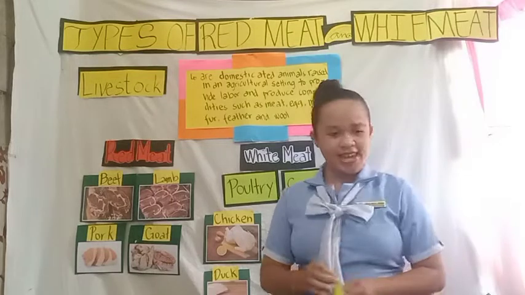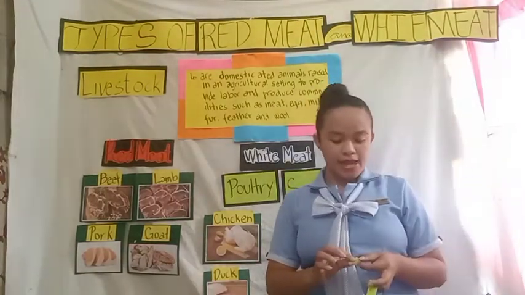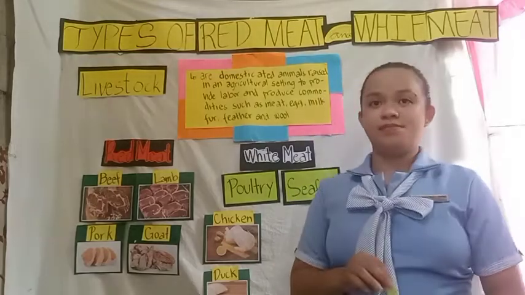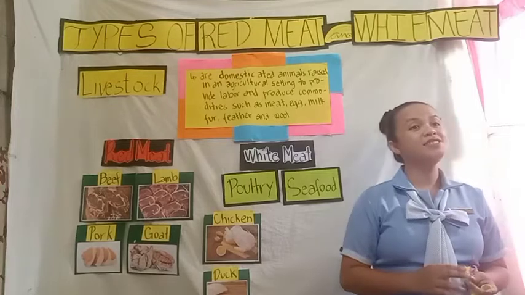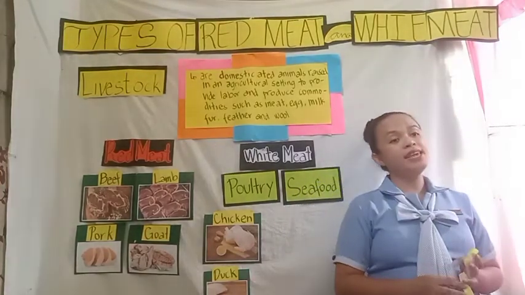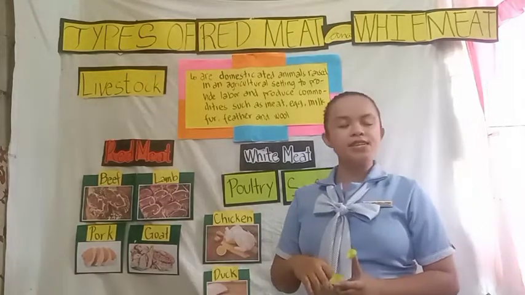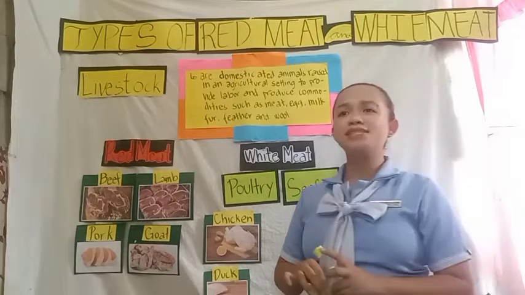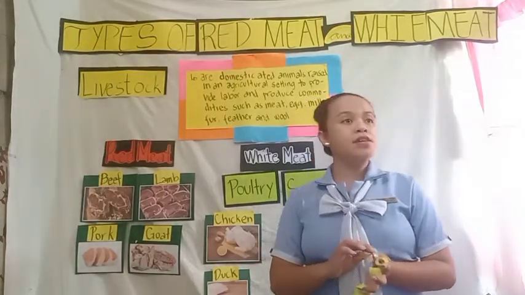So why does seafood belong to the type of white meat? Why? Because, again, the meat that they contain is color white itself. That is very obvious because we can see that the meat of the seafoods is color white.